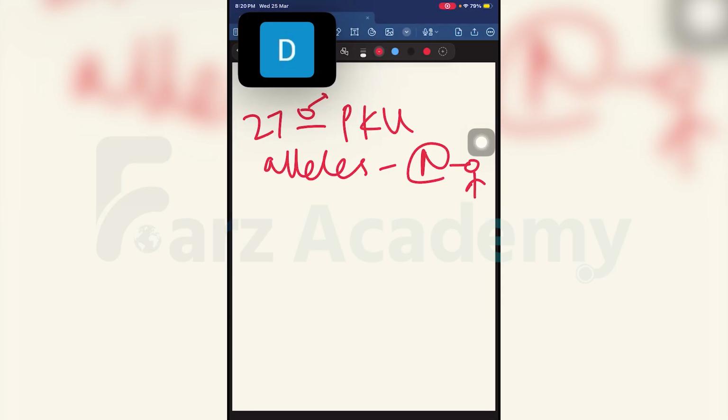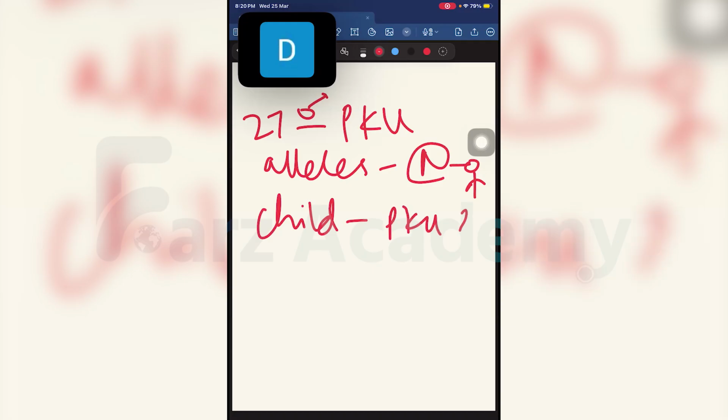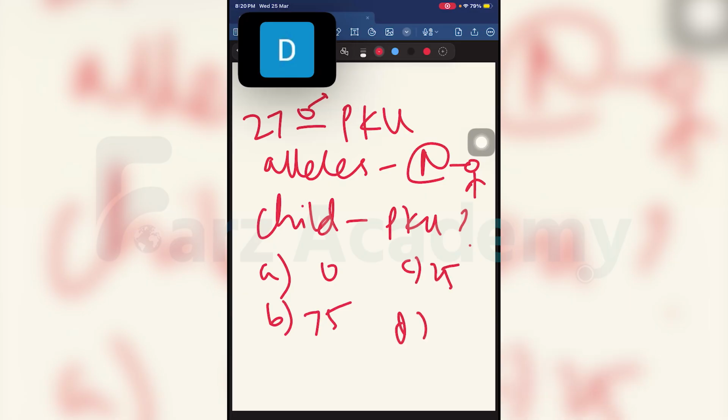So what is the percentage chance that the child will develop phenylketonuria? The options are 0, 75, 25, 50. Yes, zero. Very good. Tell me the chances of carrier.